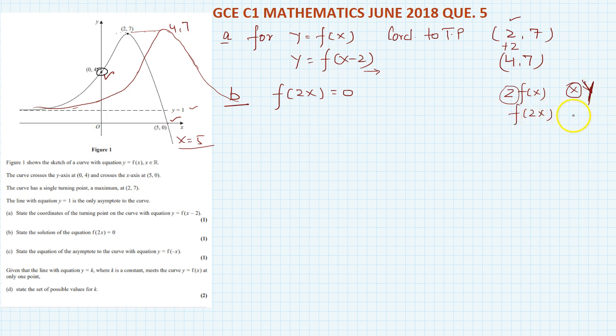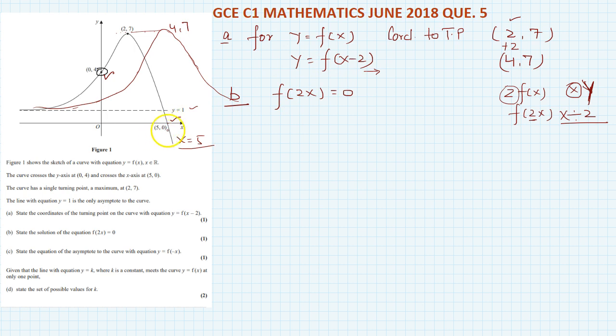And in this case, you divide the x coordinate by 2. If it is inside the bracket, you divide the x coordinate by the number. If it is outside the bracket, you multiply the y coordinate by the number given.